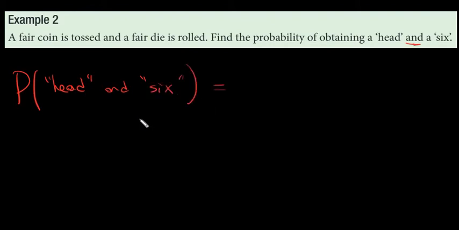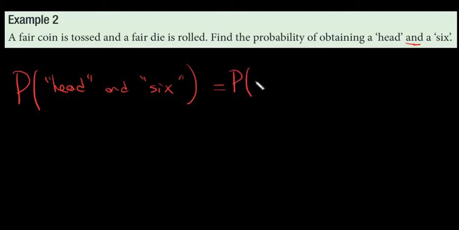So tossing a coin and rolling a die, these are independent events, right? They don't affect each other. The result is not going to be affected by the other one. For example, if I want to get head here, this event is not going to affect this. That means I can multiply. I'm going to use the multiplication rule here, right?